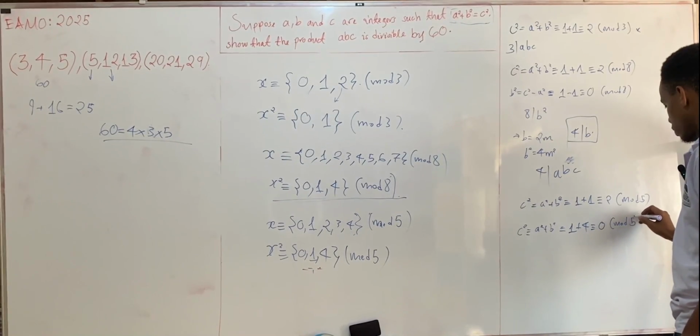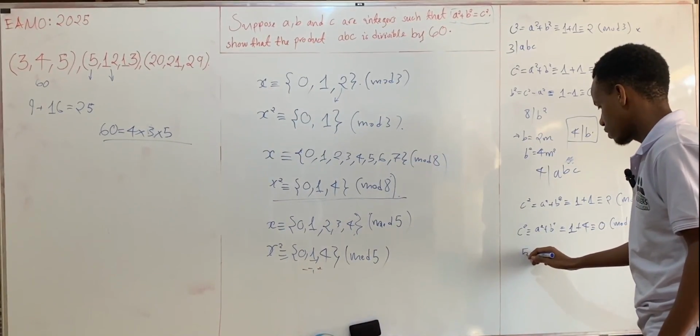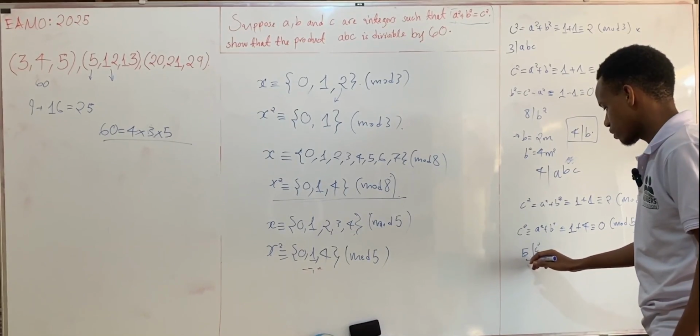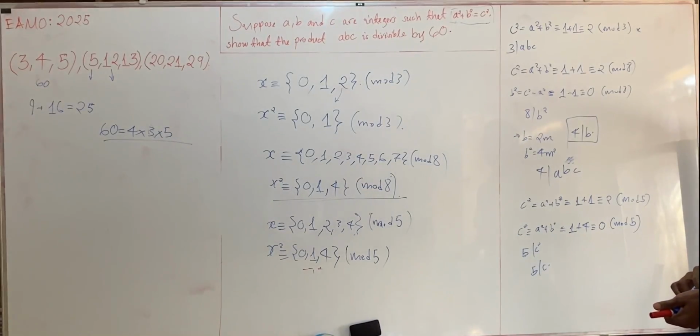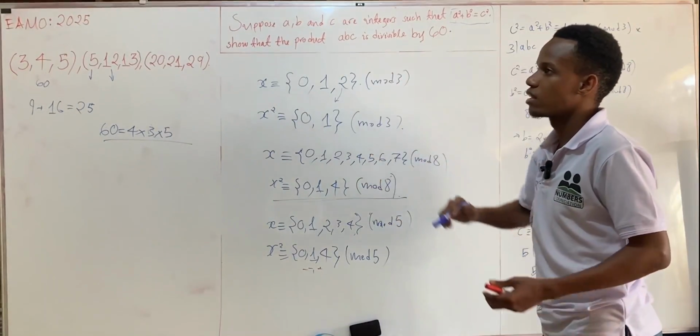So 5 divides C squared. Now, because 5 is a prime number, 5 necessarily has to divide C. And consequently, 5 will divide the product.